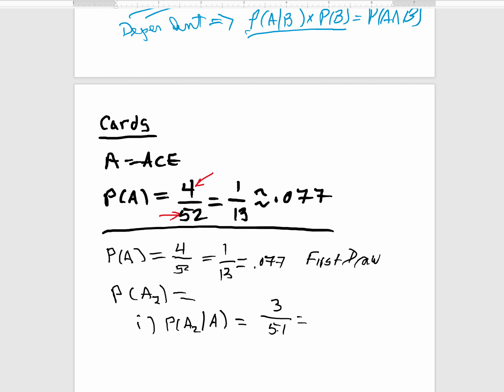There's no reducing that fraction because that is 2 prime numbers, and 3 divided by 51 is 0.0588 or approximately 0.059.